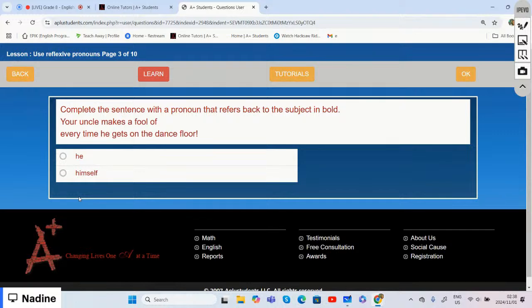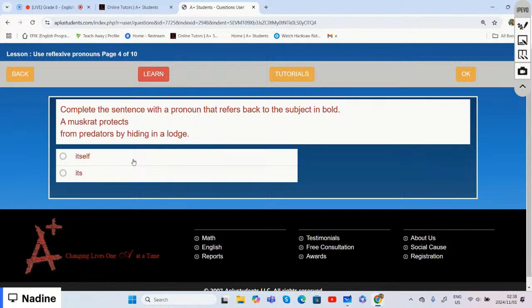So now it says, your uncle makes a fool of, yes, himself, option 2, every time he gets on the dance floor. So he makes a fool of himself. Himself refers back to, it's not like saying he. Your uncle refers to he, right? So well done. Himself is correct.